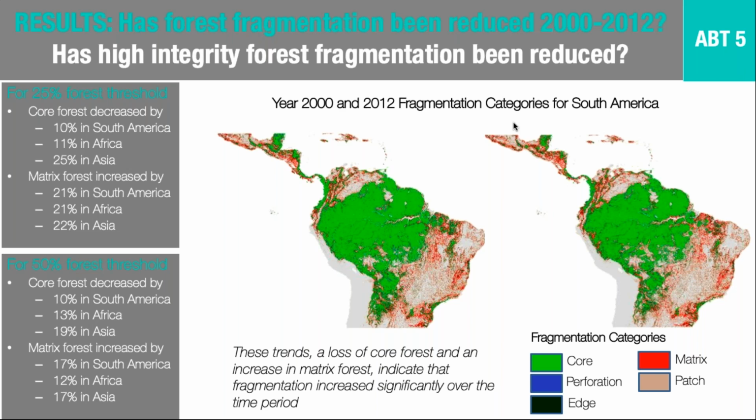Most of the apparent fragmentation at this scale has occurred in the arc of deforestation in Brazil. But overall, the trends indicate that fragmentation of forests in general has increased across most of the regions. And we have these data available for all the 29 countries. So next slide, please.